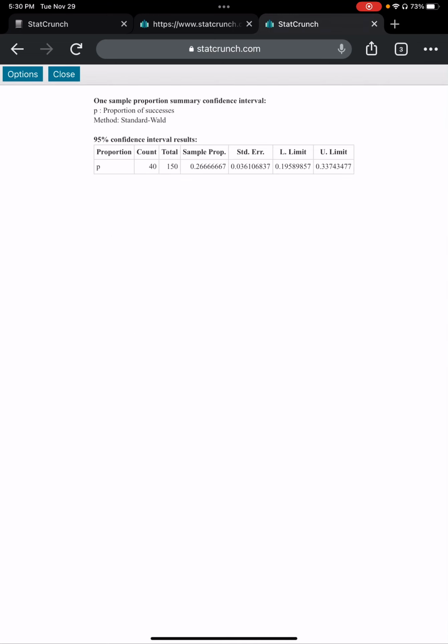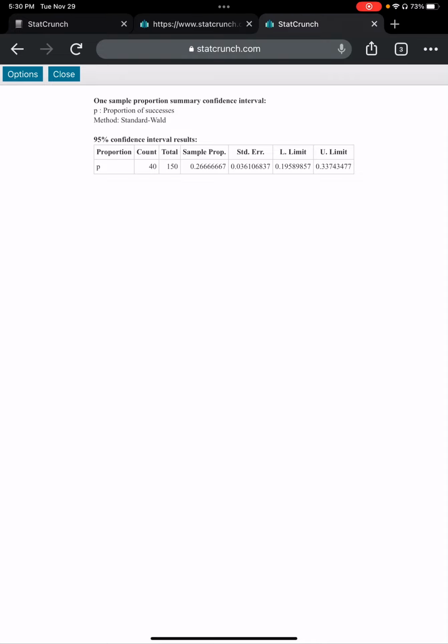So when I compute this, what you see over here on the top side is a lower limit of 0.1959, and an upper limit of 0.3374.